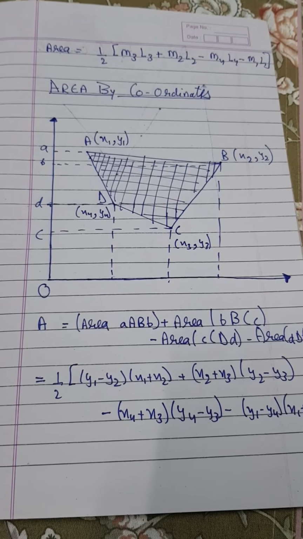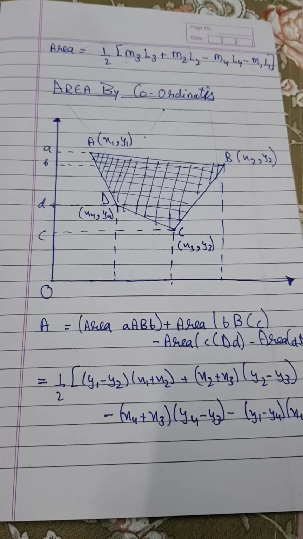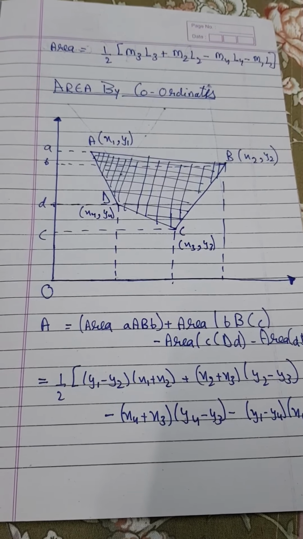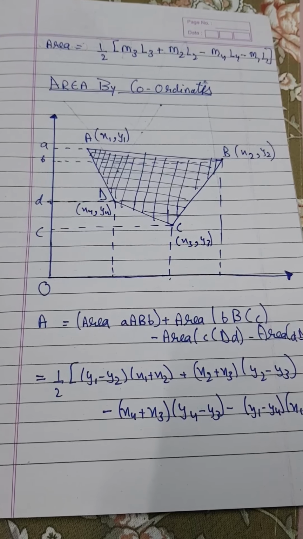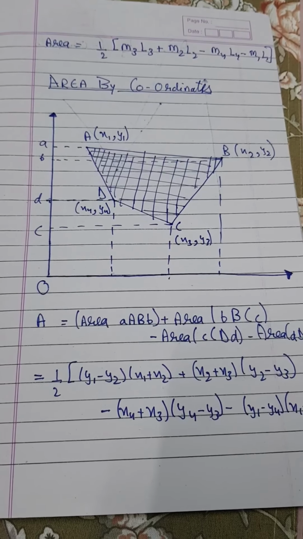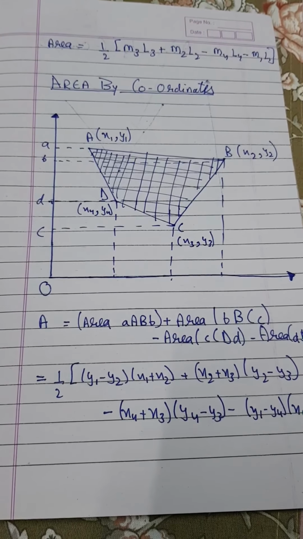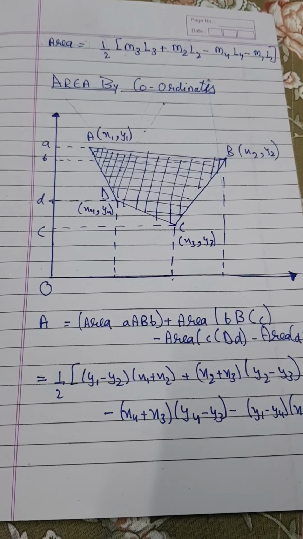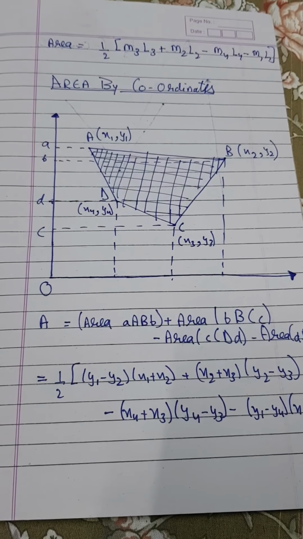If A is the total area of the traverse, we would have the total area as area of small a, capital A, capital B, small b, plus area of small b, capital B, capital C and small c, minus area of small c, capital C, capital D, small d, minus area of small d, capital D, capital A and small a.